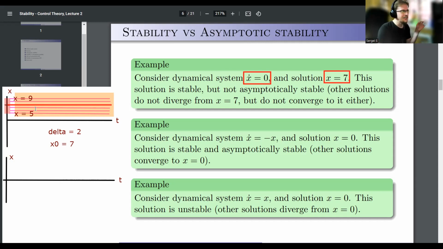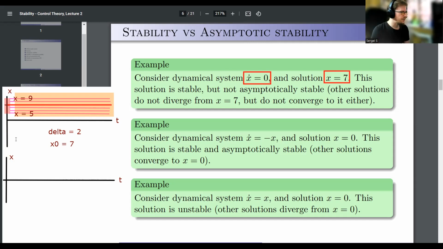And we can easily verify that any solution that starts between 5 and 9 will stay between 5 and 9, because all of them are horizontal lines. So none of them diverge to infinity, for example.